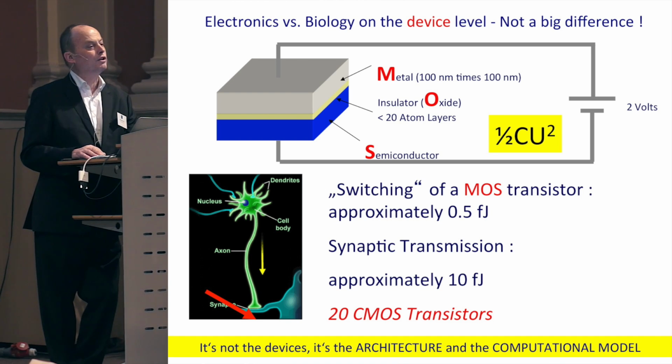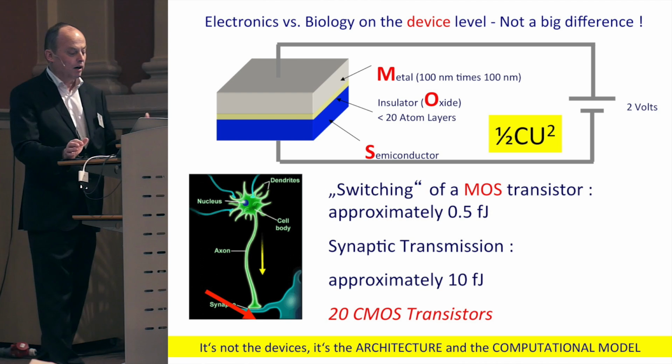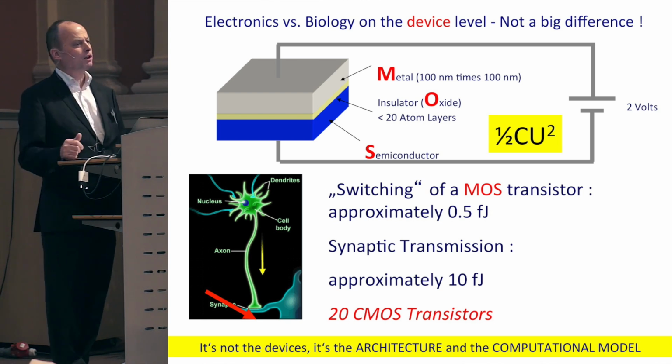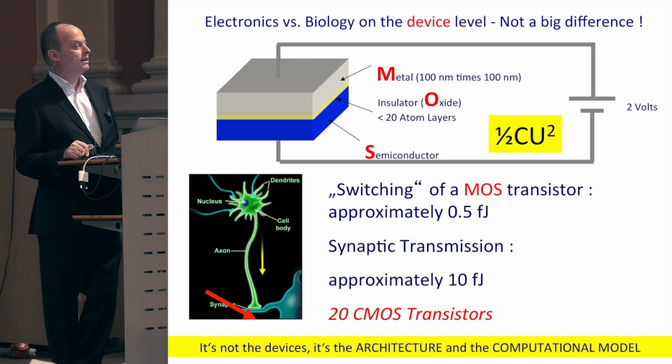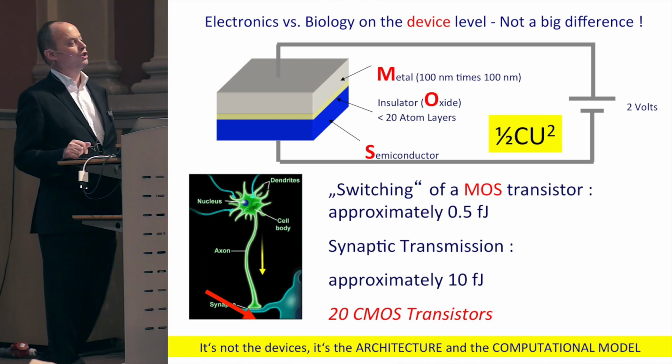and that means the switching of a transistor, just a single transistor, costs 0.5 femtojoule, which is synapse-like. A synaptic transmission, as I said, is 10 femtojoule, so you can switch 20 CMOS transistors, and you need the same energy as making a synaptic transmission. So electronics is incredibly efficient. It's as good as biology.